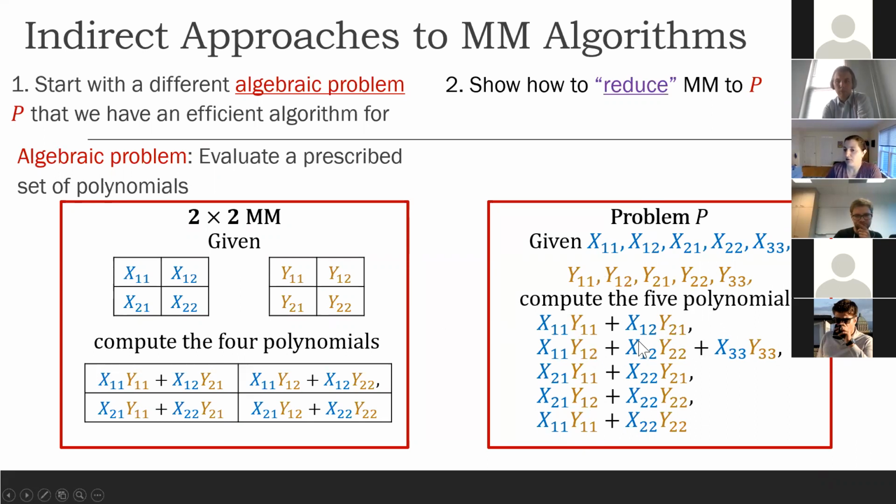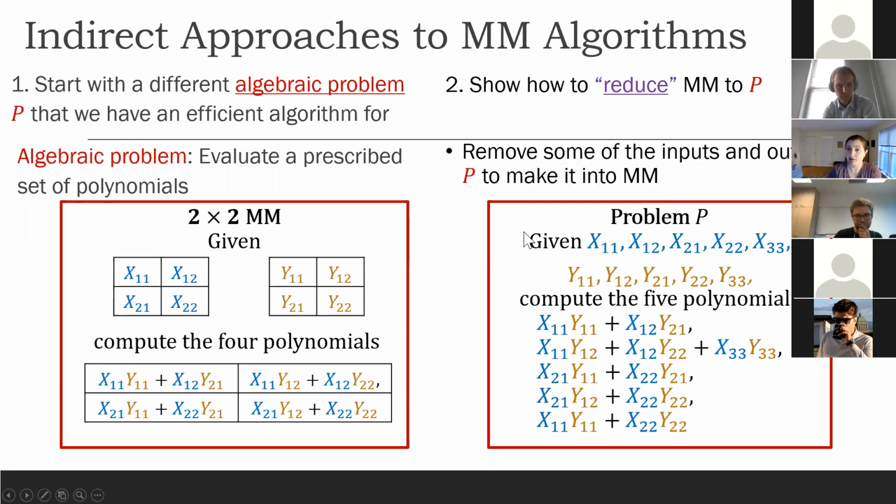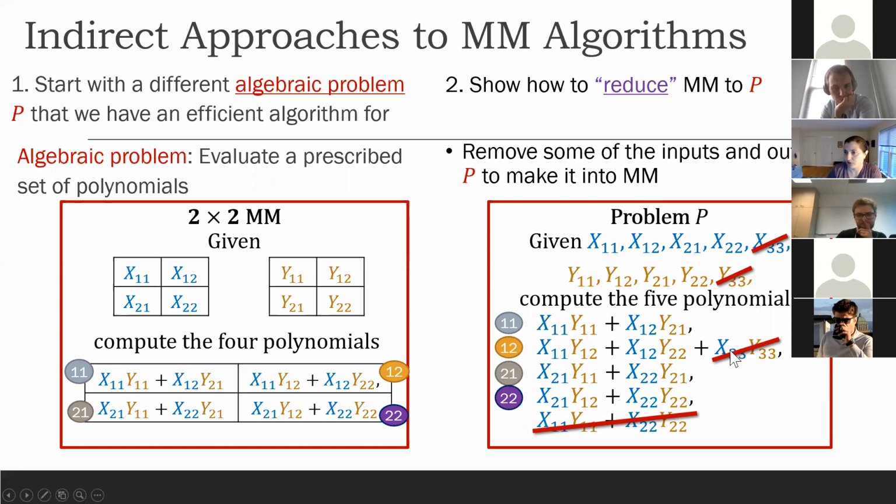And let's say somehow you got a very fast way to evaluate these polynomials. To evaluate matrix multiplication instead, you remove some of the inputs and some of the outputs, and you get matrix multiplication out of it. For example, if I remove these 2, this removes this term over here. And if I remove this output, basically saying I don't care about that output, then what I get is exactly 2 by 2 matrix multiplication.